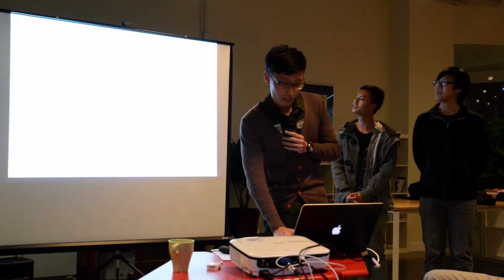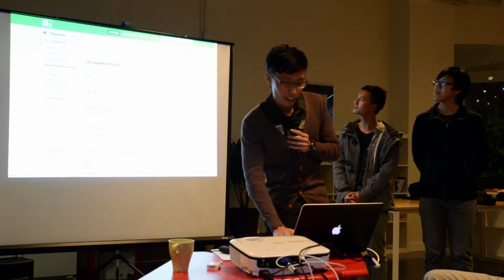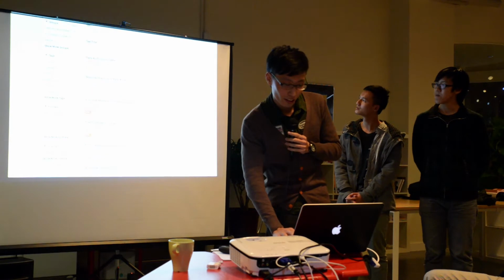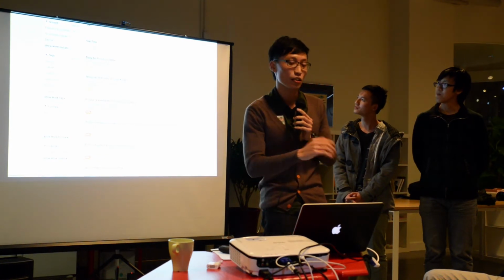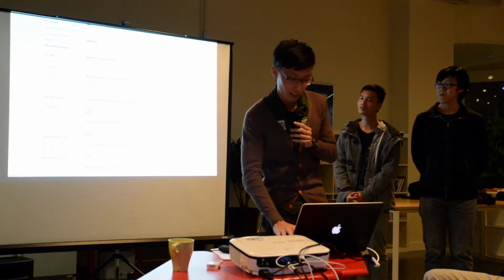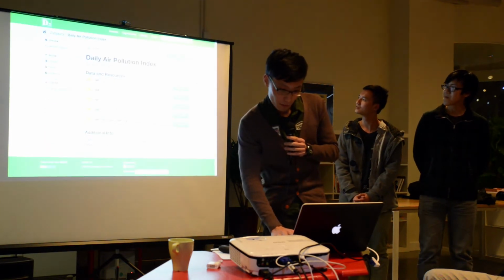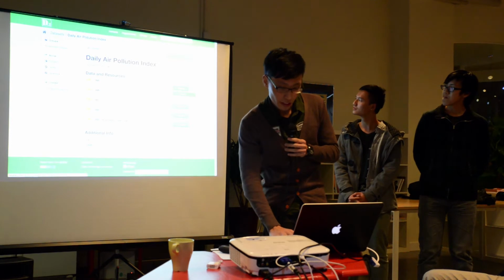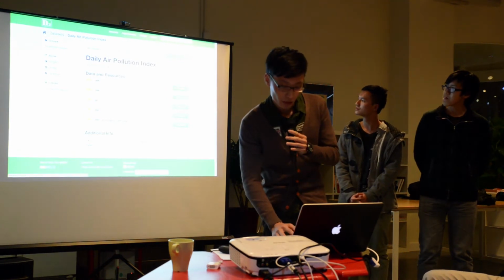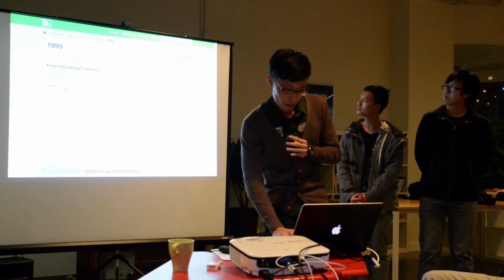So until now we provide some datasets which are directly linked to the Data Tool, Data One. For example, the daily air pollution index. So here we can see a preview.